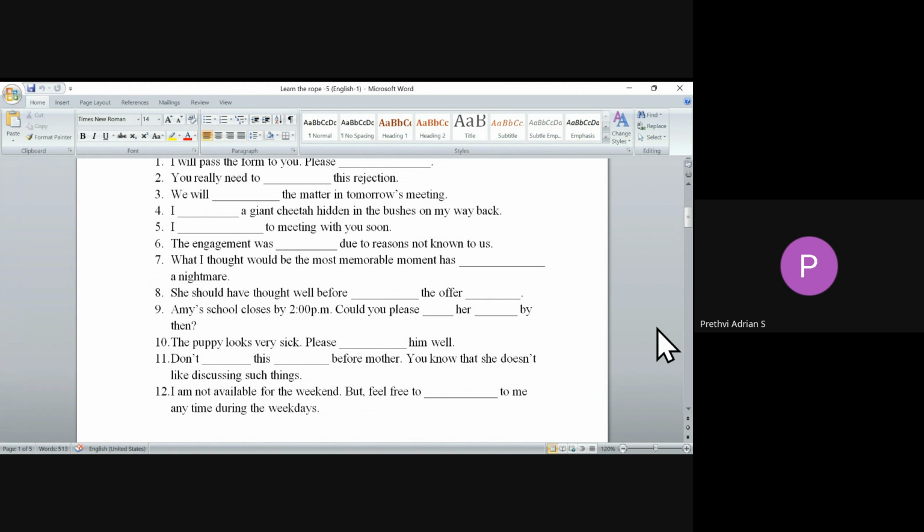Ma'am, could you please repeat what are all the available phrases? It's already there in your chat now. Turn down, yes, correct, right? Turn down. And how are you going to use it? Turning the offer down. Correct. She should have thought well before turning the offer down.